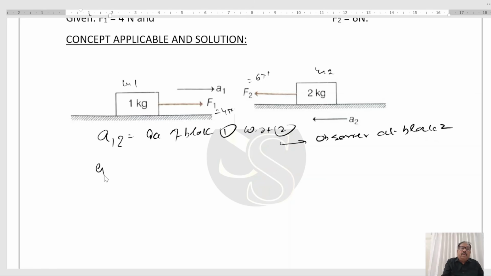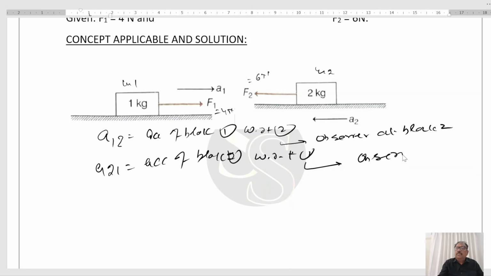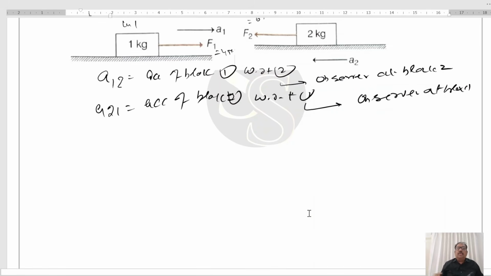And we have to find A21, the acceleration of block 2 with respect to 1, so the observer is at block 1. In this case, I am going to consider the concept of FP.